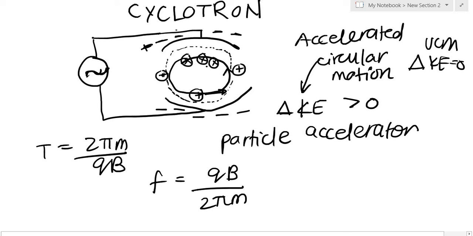So this was your cyclotron. They might ask you as a theory question, not a numerical problem-solving question. Now let's do a small problem based on electric force. The question says you have a current-carrying wire with a current of 5 amps running through it.